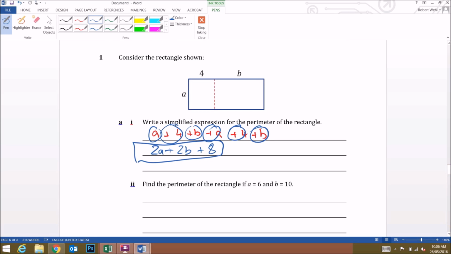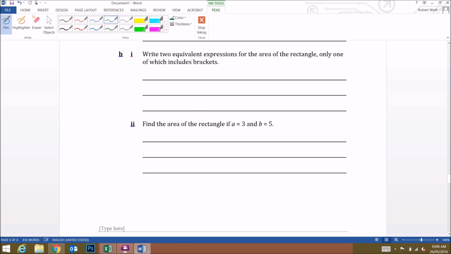Find the perimeter of the rectangle if A equals 6 and B equals 10. Well, here that's pretty easy. We just substitute. Okay, so 2 times 6 equals 12, plus 2 times 10 equals 20, and then the 8 stays the same. So my answer there is going to be 40 is my perimeter.